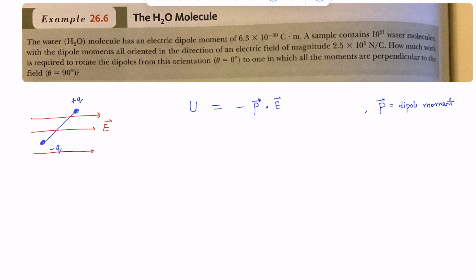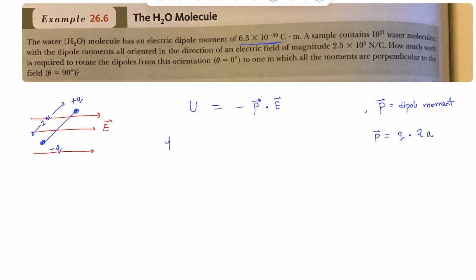To be precise, in your book it is defined as P equals Q, whatever charge is on the positive end of this two charge system, times the distance, and it is defined as 2a, but it can be anything, Q times just this distance we're talking about, right? Now this was the theoretical background of what we will be doing in this problem. But the problem is basically there are 10 to the 21 water molecules. They have dipole moment to be this. So let's write that down.